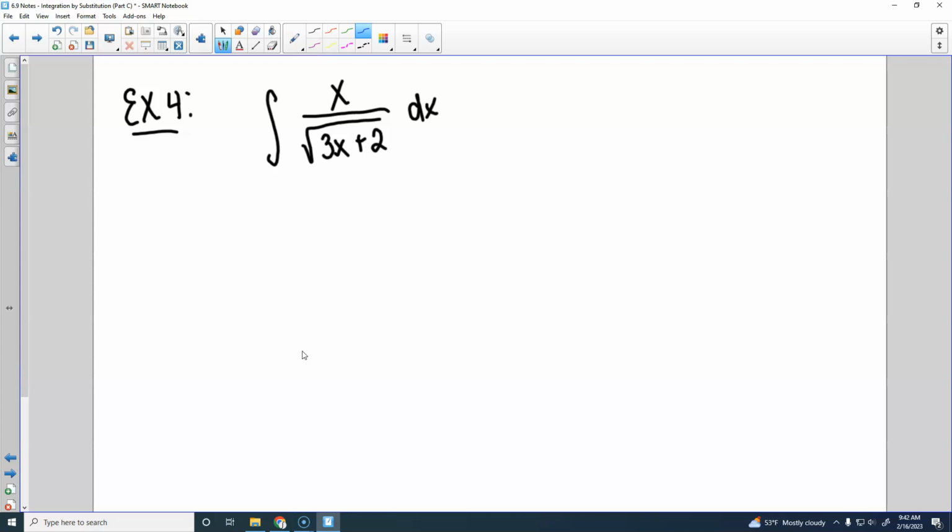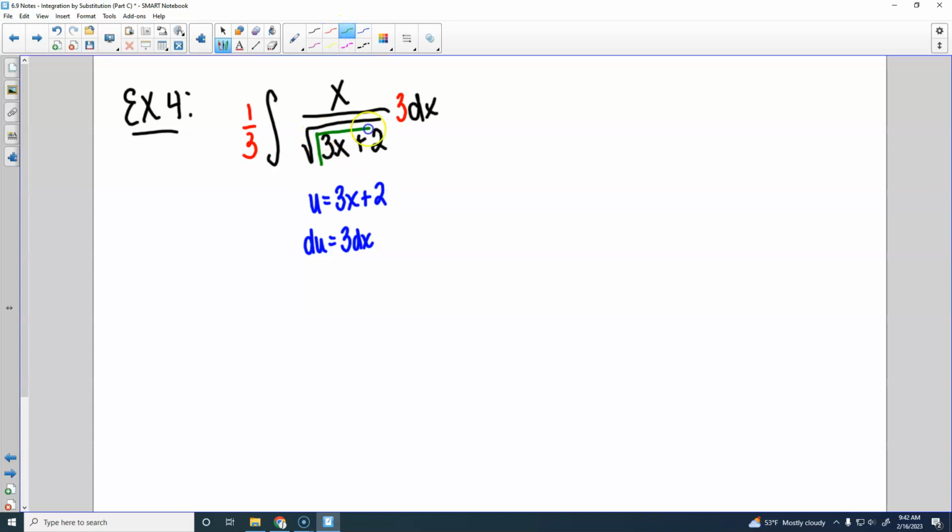All right, so when we look at something like this, what jumps out at you that should be the U? 3x plus 2, because it's inside of that square root. However, whenever we take the derivative of that, we just get 3 dx, which we can put the 3 here pretty easily and put the 1/3 out front.